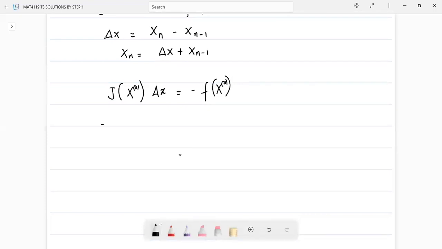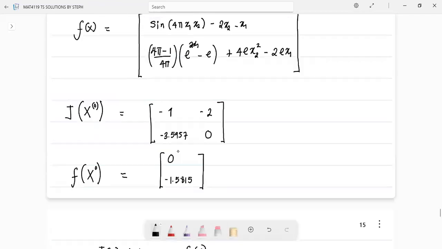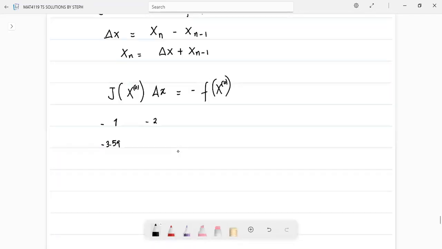So this matrix is negative 1, negative 2, negative 3.59, 57, and then a 0. And then this delta x, I said, is a 2 by 1 matrix.